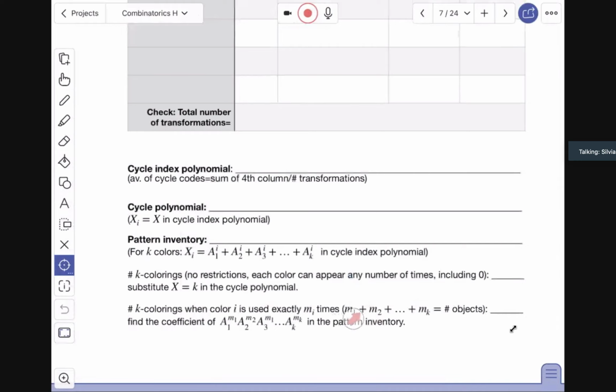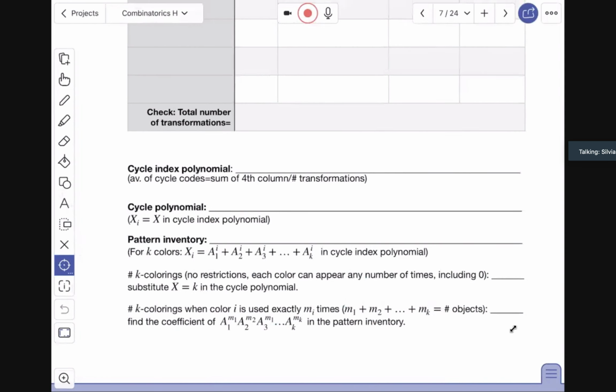And these M's represent how many times you want the first color, how many times you want the second color, etc. So that's why this sum of M's is the total number of objects, because if you are coloring 9 times, and I have to say like 3 blue, 3 green, 3 yellow, that would be M1, M2, M3, right?